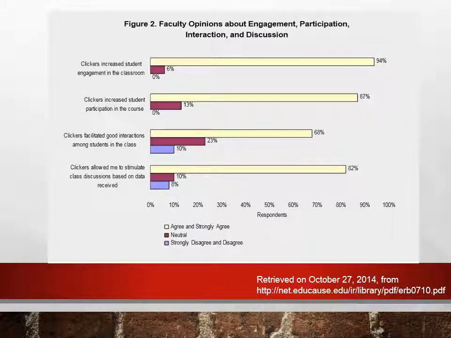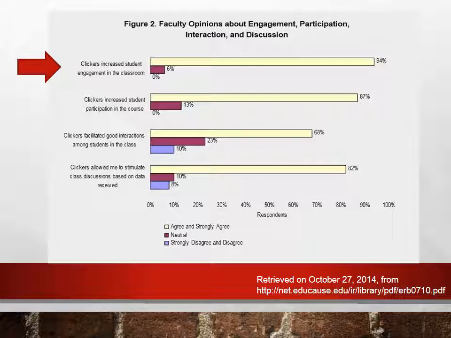These are results taken from EDUCAUSE, the Center for Applied Research. This poll is based on faculty opinions about engagement, participation, interaction, and discussion. And we're going to take a look at the agree and strongly agree. Engagement, 94%.